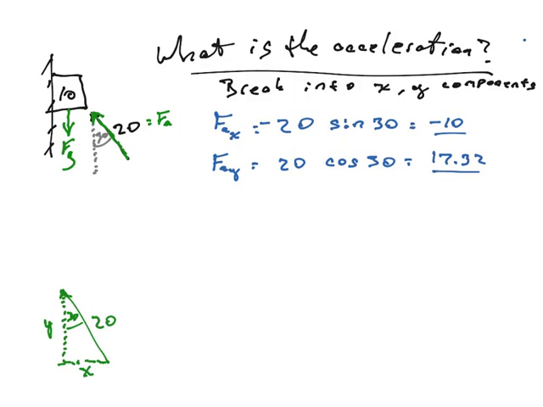And so now I have all of my forces in x and y components. Fg is already in a y direction. Fa, I've now split. There's no other forces I see. So now I do, looking in the y direction, because obviously that's the way the block is going to move. It's going to move in the y direction. So looking in the y direction, my equation, the sum of all the forces in the y direction is ma.